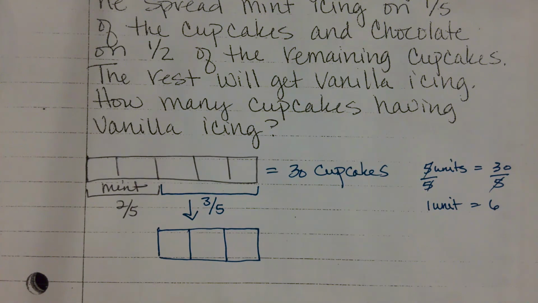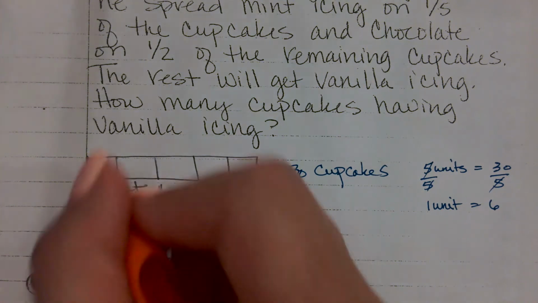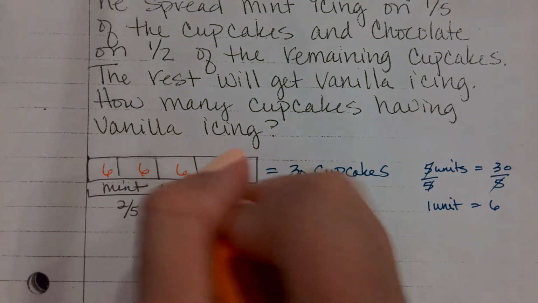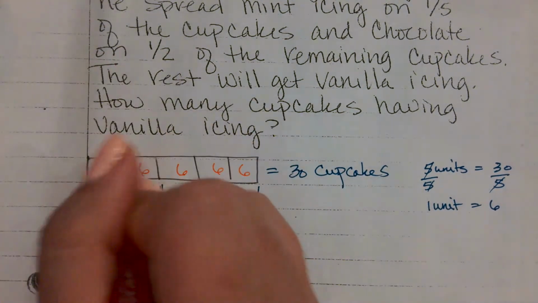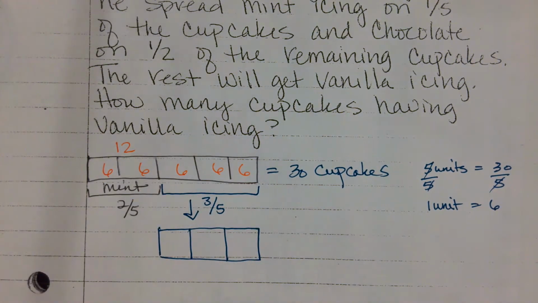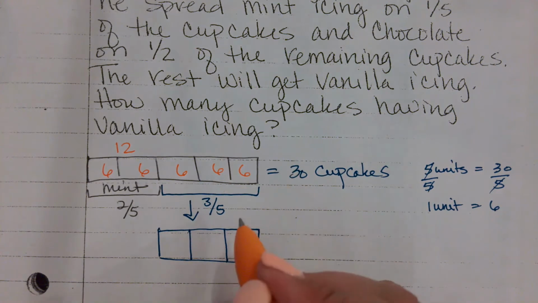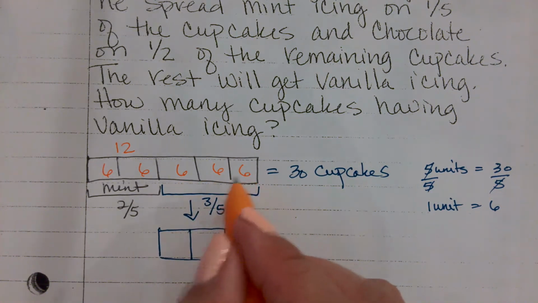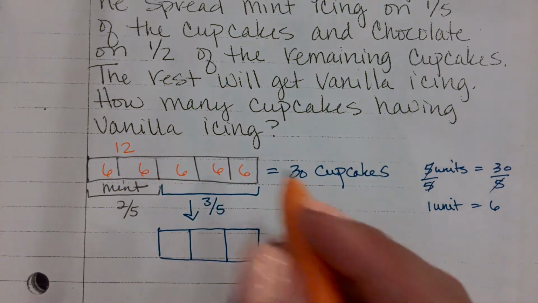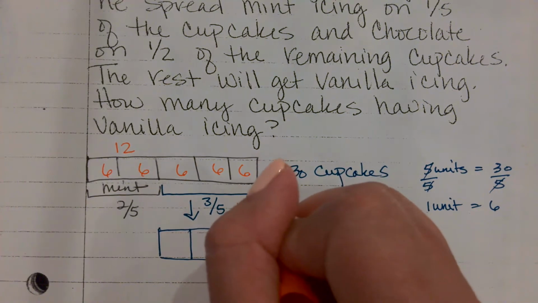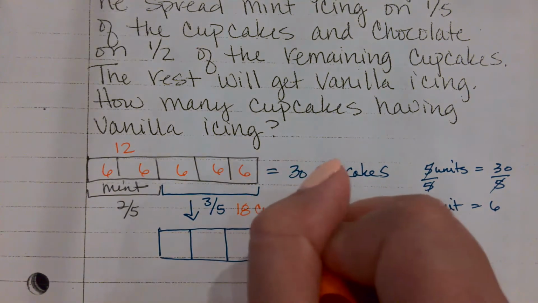So how many remaining cupcakes are there this time? Well, remember, we didn't change the value here. So now we have 6 times 3, right? 6 times 3. What does 6 times 3 give us? Well, it gives us 18 cupcakes altogether, right?